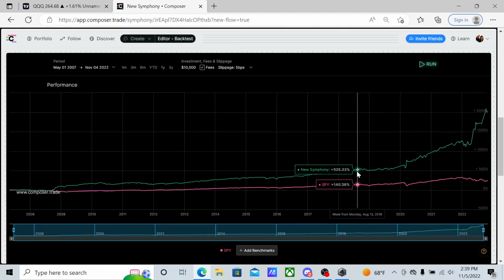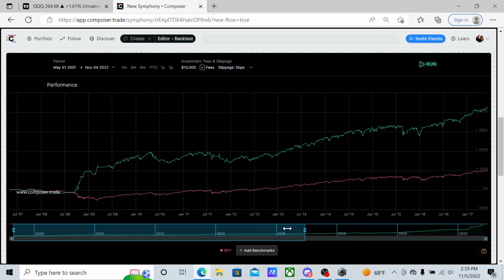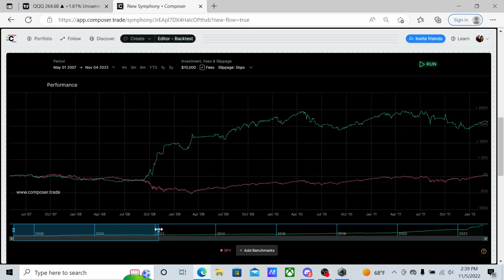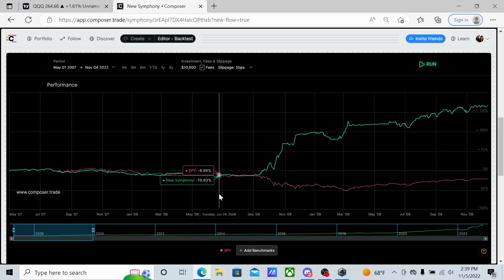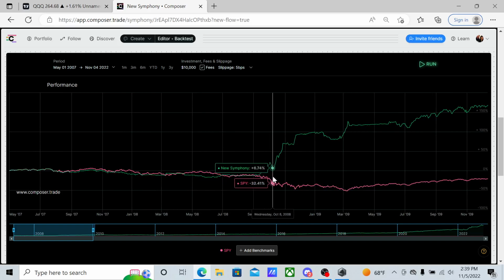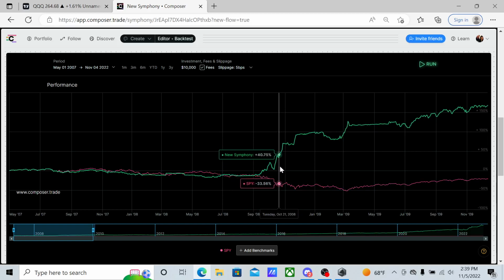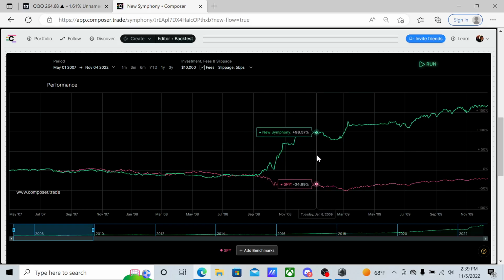So now, if you go back to the crash in 08, you're starting to see how your strategy can travel upwards as the rest of the market is traveling downwards, because not only are you buying dips, but now you're shorting the market and then getting out when bonds start to get stronger than inverse funds.